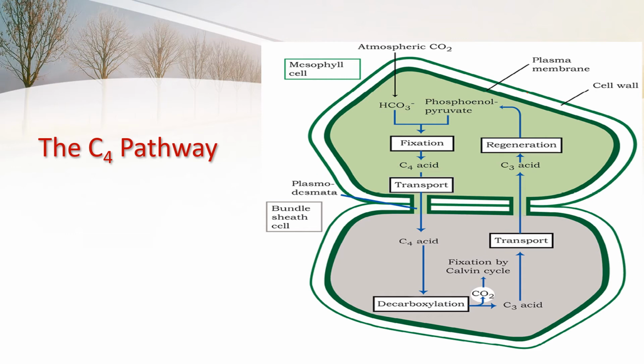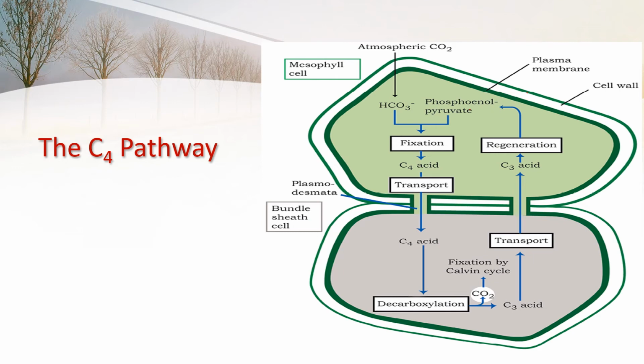This oxaloacetic acid undergoes decarboxylation, that means carbon dioxide is lost, and now it forms a C3 acid again. In the C3 pathway, Rubisco plays an important role in the formation of sugars.